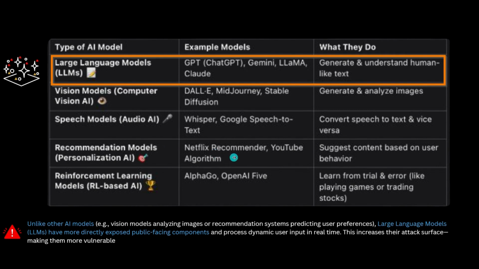However, LLMs stand apart because they are designed to process human-like text dynamically and interact in real time. And unlike other AI models, LLMs have more directly exposed public-facing components because they have to process dynamic user input in real time, and this significantly increases their attack surface, making them more vulnerable when compared to other AI models.